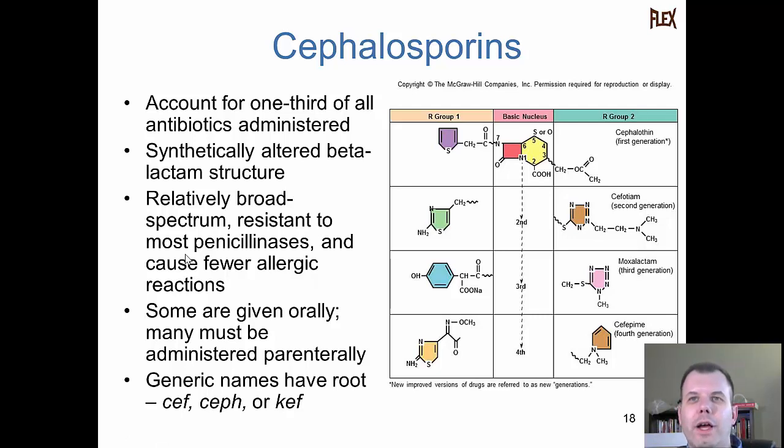And so you see these a lot of times. And if it has the root ceph in there or kef, that's representative of a cephalosporin. Okay, so cephalosporin does the same mode of action, goes in, disturbs the cell walls, breaks them apart, and makes the cells leaky. So same thing as penicillin in this case.